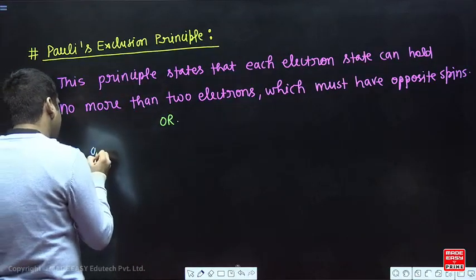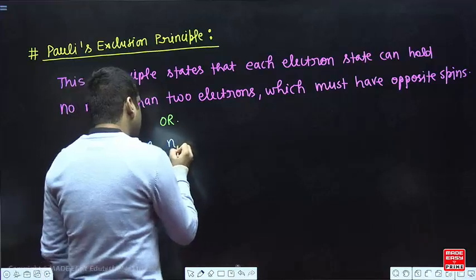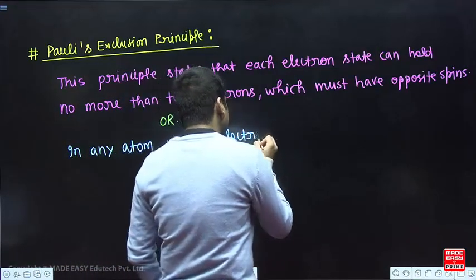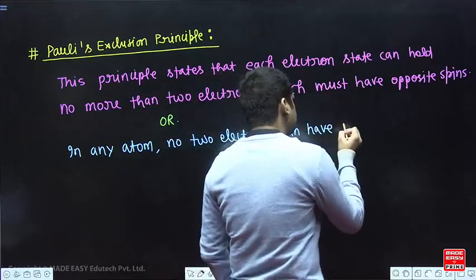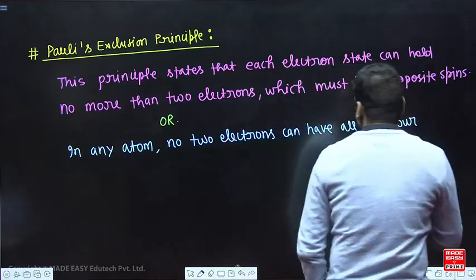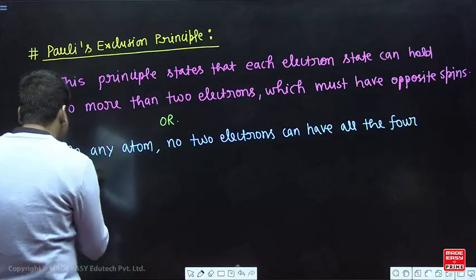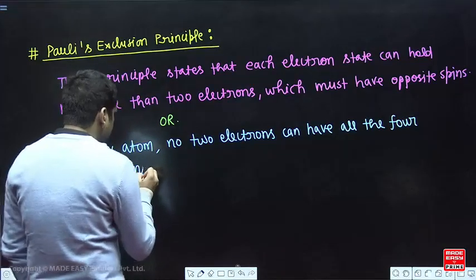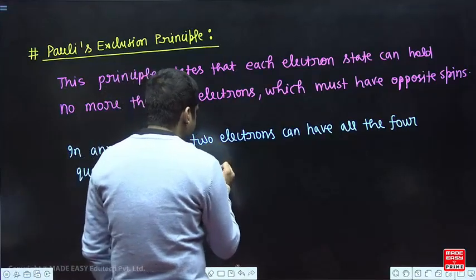In any atom, no 2 electrons can have all the 4 quantum numbers to be same.